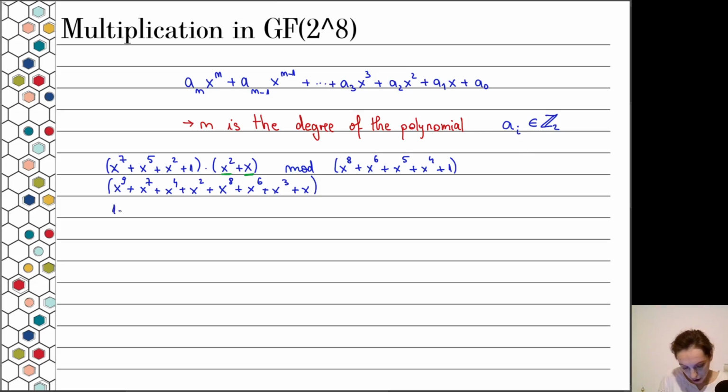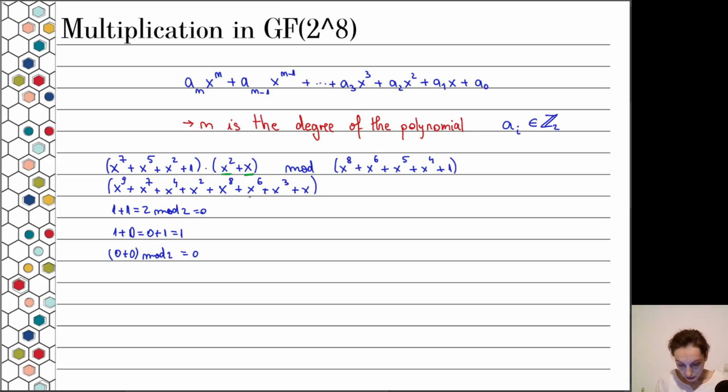If we have 1 plus 1, this will be 2 modulo 2, which is 0. 1 plus 0 is equal to 0 plus 1, and it is 1 modulo 2, and 0 plus 0 modulo 2 it is 0. So that's the multiplication for the coefficients.